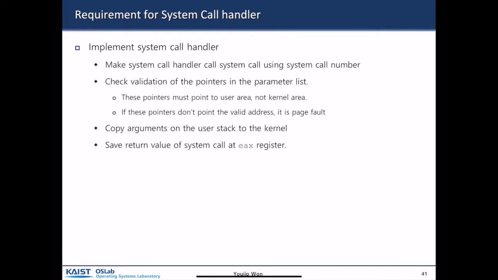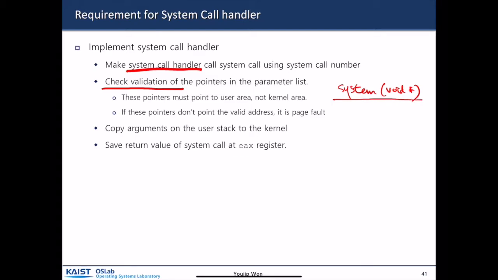Let me explain the requirements for the system call handler. First, you have to make the system call handler call the system call using the system call number. And the most important part of the system call handler is to check the validity of the address the user program has supplied. Let's say this is a system call, and it gets a pointer parameter.